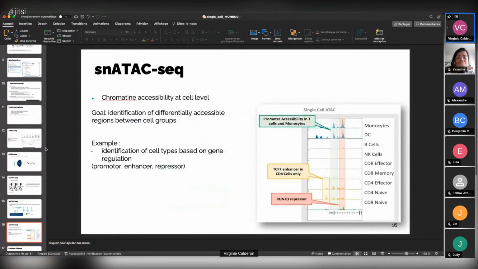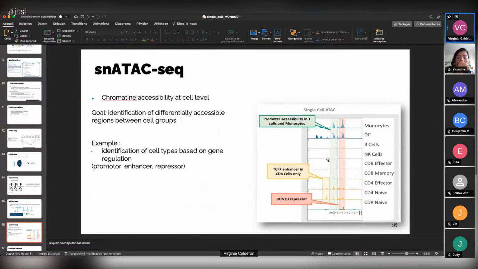In this example, you want to identify differentially accessible regions between cell groups. Here you have the list of cell groups, and maybe you can try to explain why some regions are accessible in some cell types, but are not accessible in other cell types.